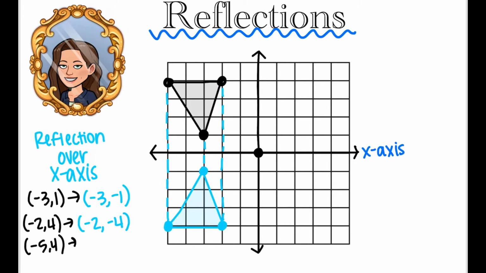And the point (-5, 4) became the point (-5, -4). So now we can see that our x value stayed the same, but the y values became opposite signs. When you have a reflection over the x-axis, the original point you started with, (x, y), becomes the point x and the opposite sign of that y value.